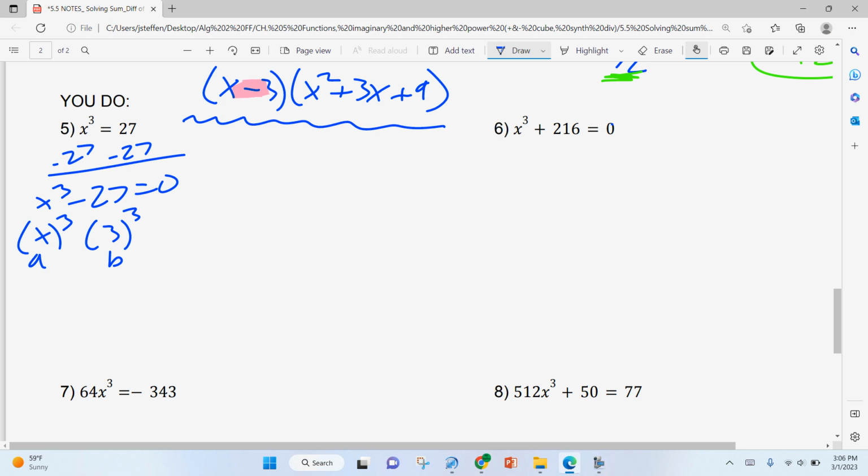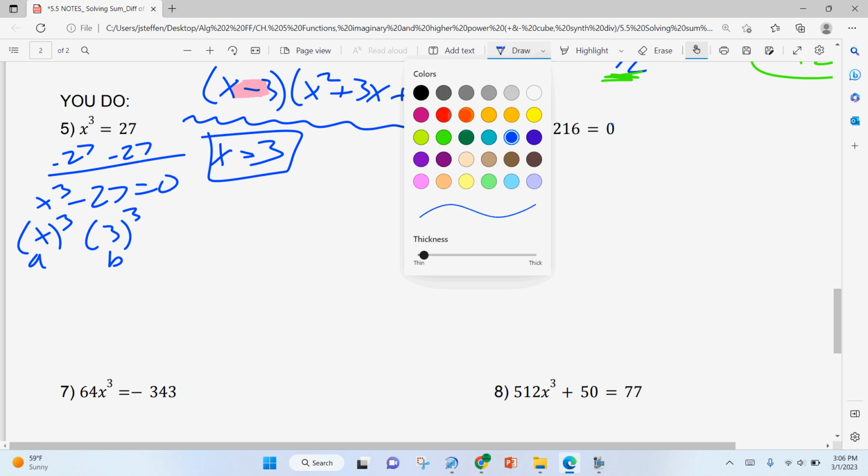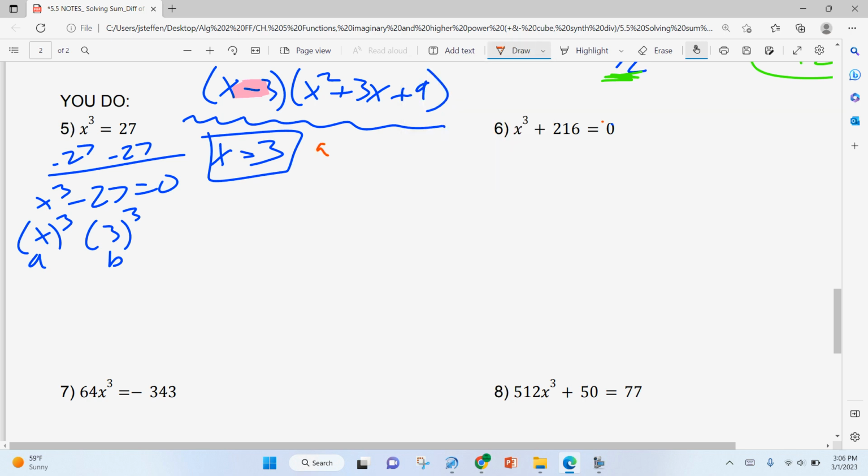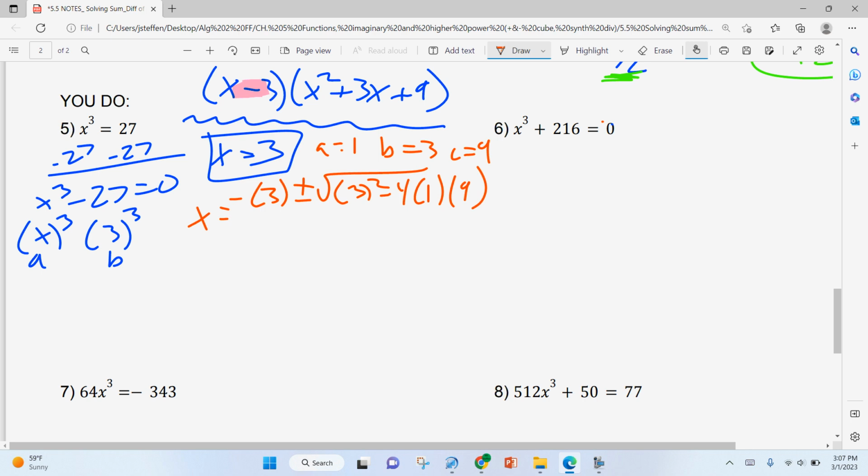So we already know one of our answers is 3. The other answers, my B is 3, my C is 9. The square root of B squared minus 4 times A times C all over 2 times A is 1, 3, 2.